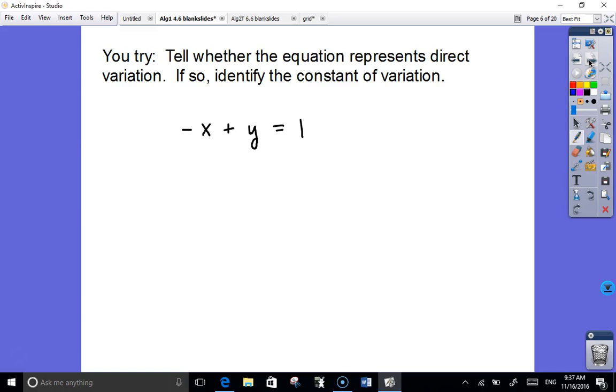Is it a direct variation? So what did you get when you solved for y? x plus 1. Right, so because of that 1 right there, you're going to say not direct variation. And I'm just going to abbreviate, not dv.